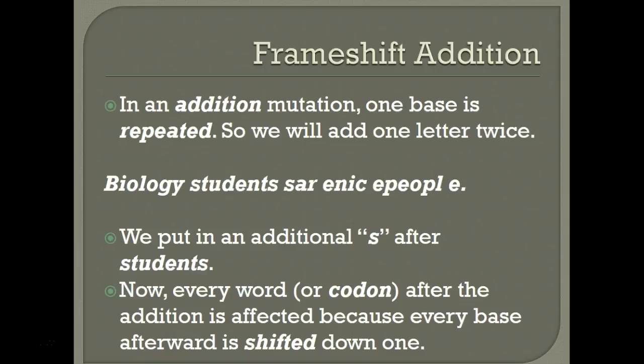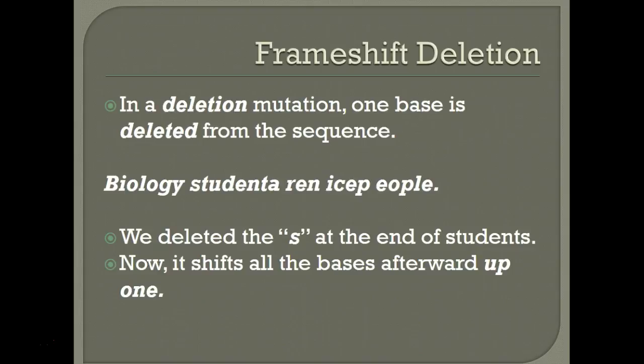So now the sentence reads, biology students SAR ENIC equal E. And obviously that doesn't make any sense. You can see every word or codon after the addition has been affected, and that is potentially going to change all those amino acids. So that's going to have a major effect on that particular protein. There's no way it's going to be functional.